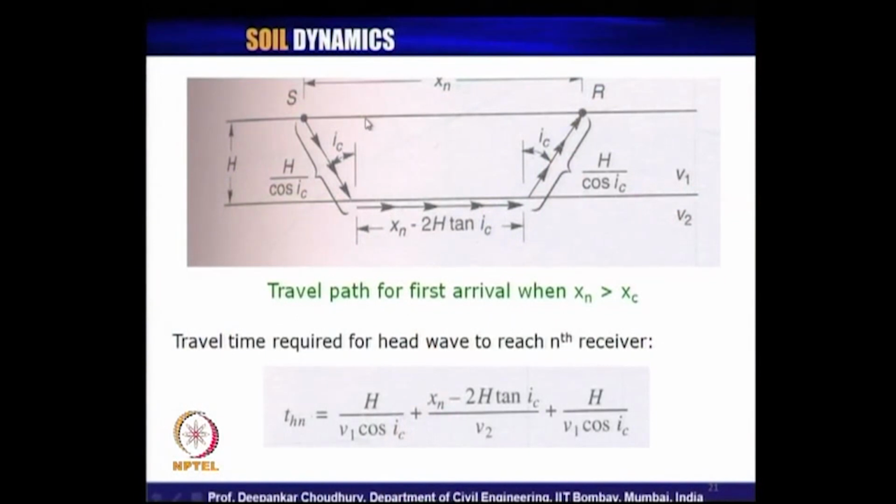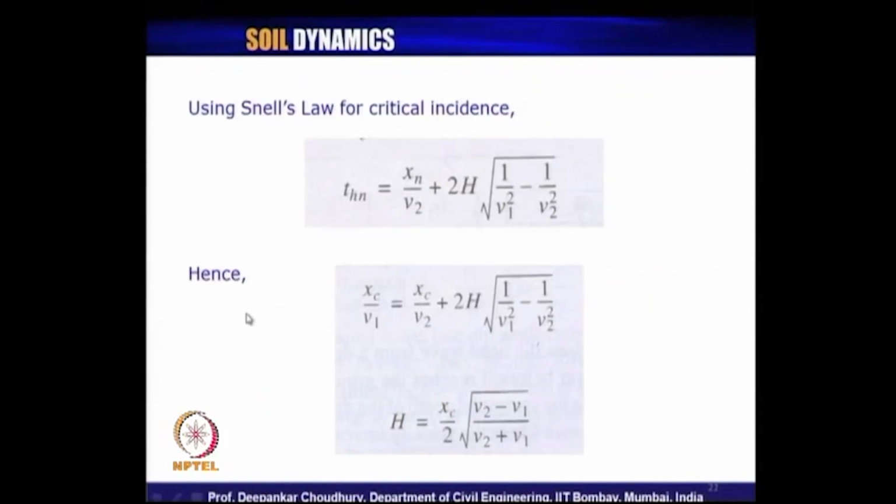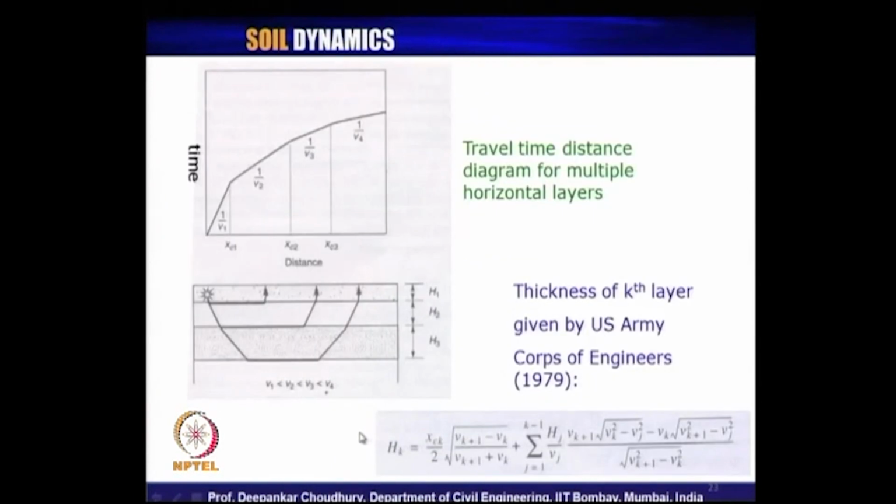So, from the difference of the time, you should identify which one is my reflected wave arrival time, which one is my direct wave arrival time, and which one is my refracted wave arrival time. And using the simple Snell's law for critical angle of incidence and simplifying the different expressions, the thickness of a layer can be obtained. So, if we use multiple number of geophones to receive the data from a particular source and then plot the time versus distance, we will see that after a certain distance, there will be a kink in the graph.